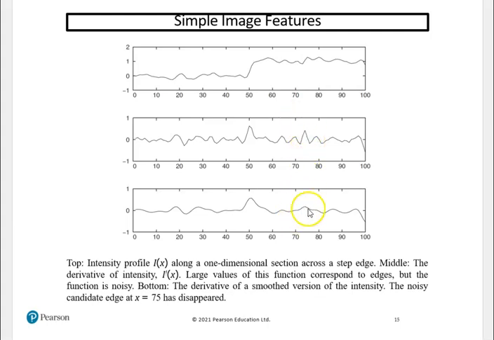So it was smoothed out. You can see that in the bottom chart, this spike at 75 no longer exists. We conclude that the only real edges are at 50 and 100, and there's no edge at 75, after applying the smoothing process.